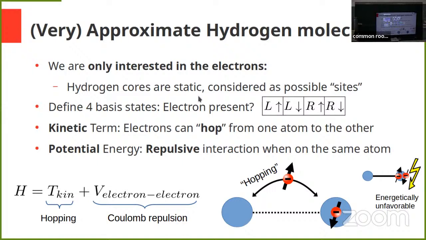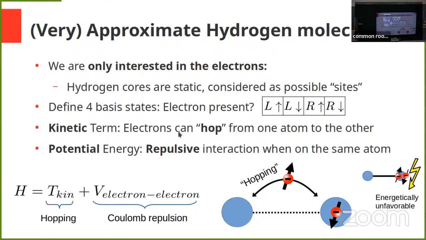And then we have two electrons, which can be either spin up or spin down, which are the internal degrees of freedom. So with this, our basis is essentially: on the left atom, there can be an electron with up spin. There could also be an electron with down spin, and the same on the right side. There could be an electron on the right side with up or with down spin. So if an electron is there, I want to put a 1. If an electron is not there, I would like to put a 0, so the number representation.